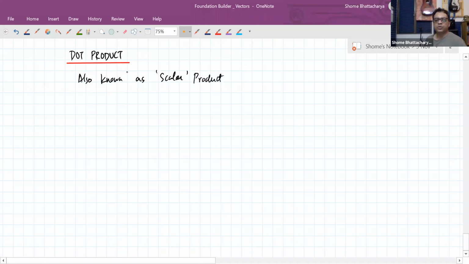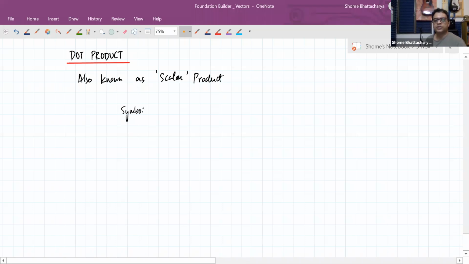Now, just because the term product is used, you should not confuse it with multiplication. This is a totally new operation for us, and it has not really anything to do with multiplication of numbers like we know, like 2 into 3 is 6 and 4 into 5 is 20. It's not something like that at all. It's related to vectors.